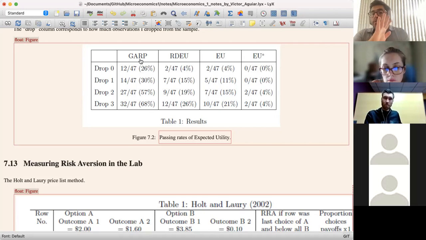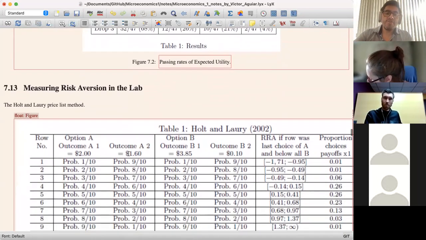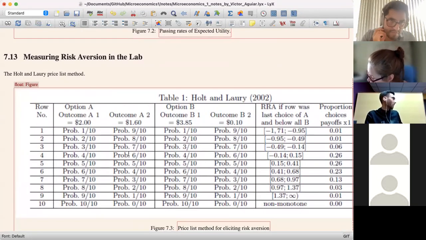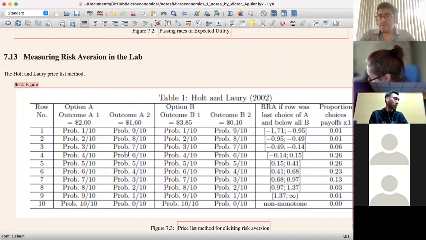Okay, great. Now, there is something I want to do as a corollary of the chapter, and this is called measuring risk aversion in the laboratory. Remember that we had this clear definition of risk aversion: someone is declared risk averse whenever they prefer a lottery that pays the expected utility of an object with probability 1 versus the actual lottery.